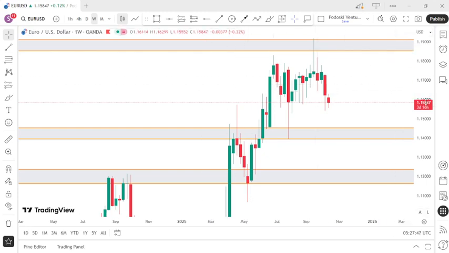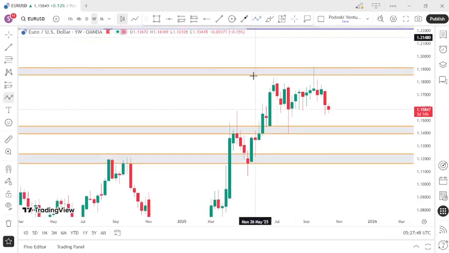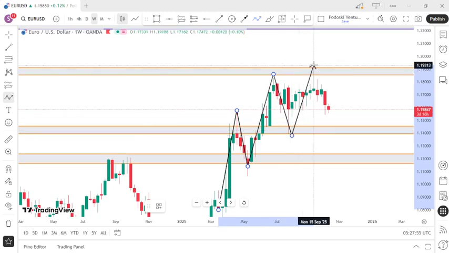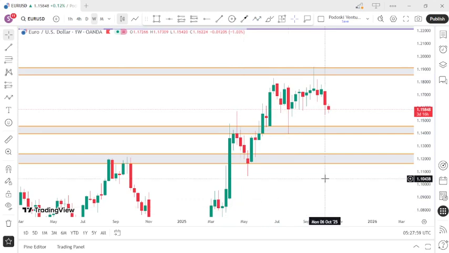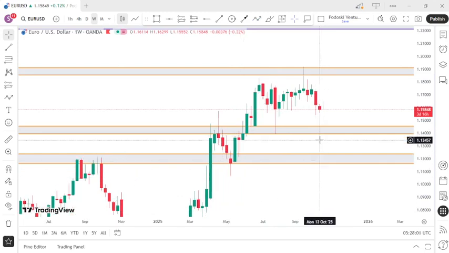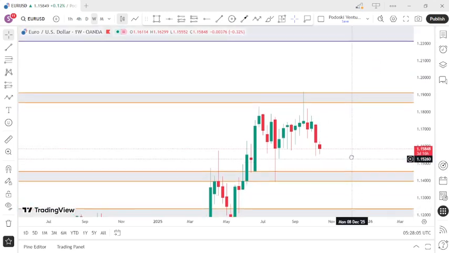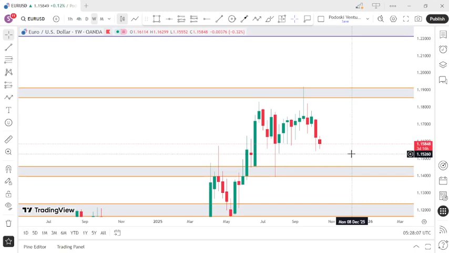Price is creating a series of higher highs and higher lows. So if price is creating a series of higher highs and higher lows, we'll be expecting to buy from the higher low and exit at the new higher high.